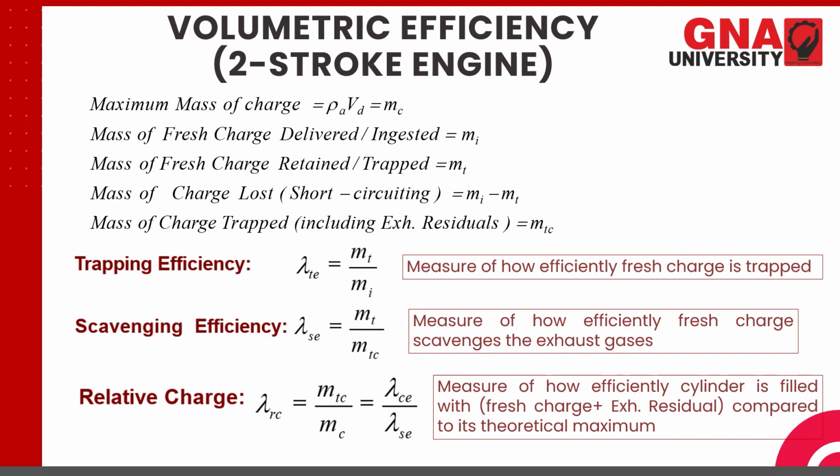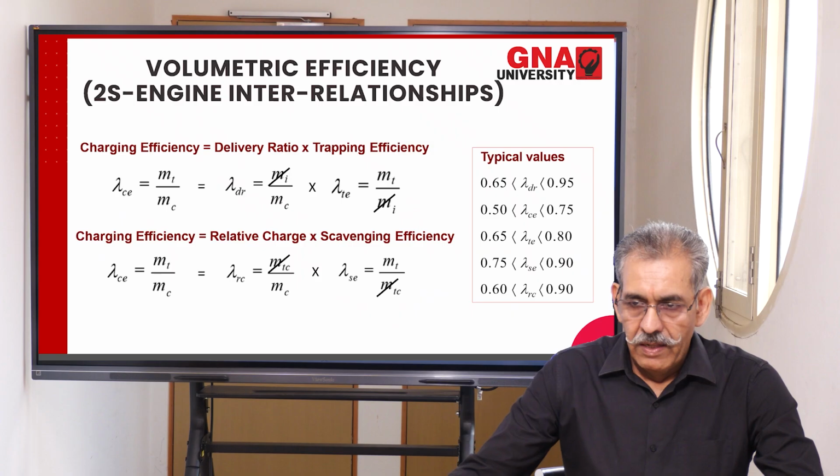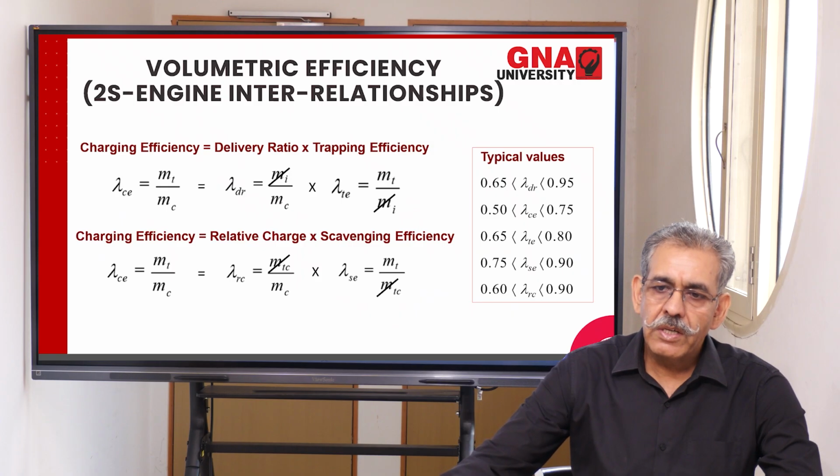So it's the ratio of mass of total charge trapped divided by the maximum which could have been trapped. You can see from these two ratios, if we divide the charging efficiency by the scavenging efficiency, we get the relative charge.